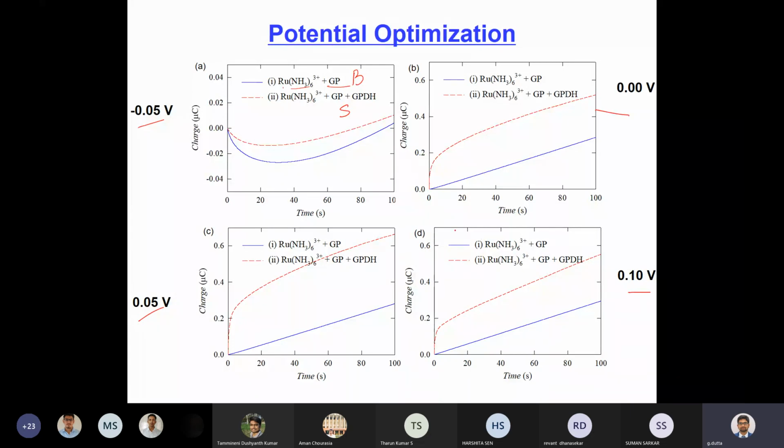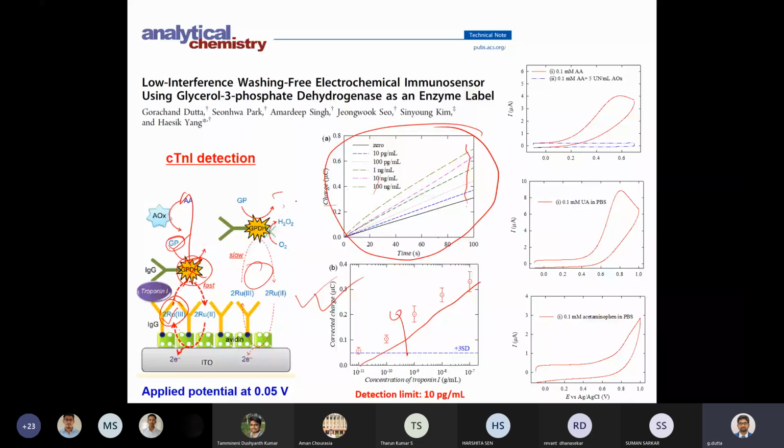When we compare the signal to background ratio, we saw that at 0.05 we get the highest signal to background ratio compared to the other applied potentials. So that's why we optimize that 0.05 volt is the best one for this biosensor. This way we can optimize the applied potential. In a washing-free biosensor, applied potential is a very crucial, very important part. Clear?